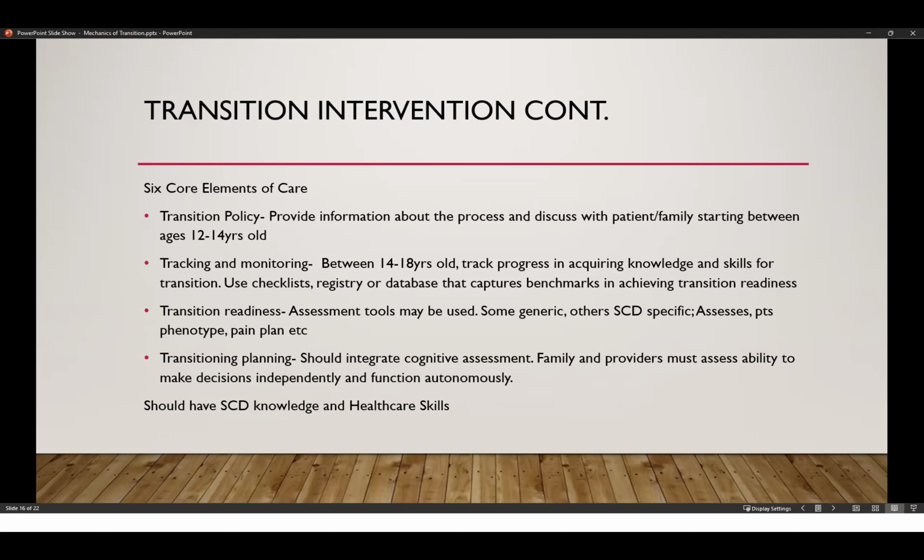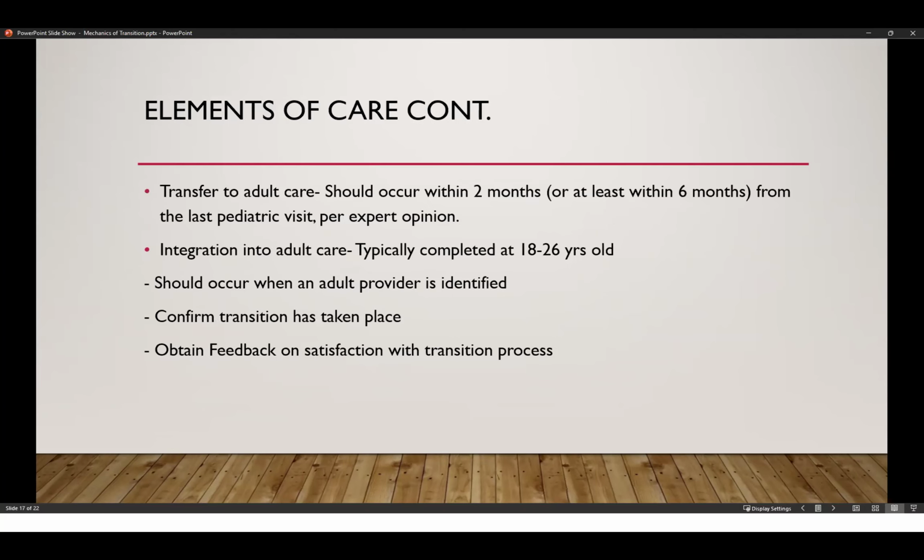And then transition planning. So as we mentioned before, it should integrate the cognitive assessment part of it. And here providers and families have to work together to identify the patient's weaknesses to transition successfully. This will help you know what the patient's knowledge is about sickle cell disease in general and their healthcare skills. Next slide, please.